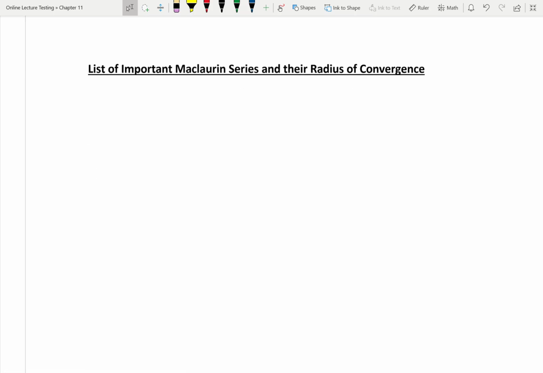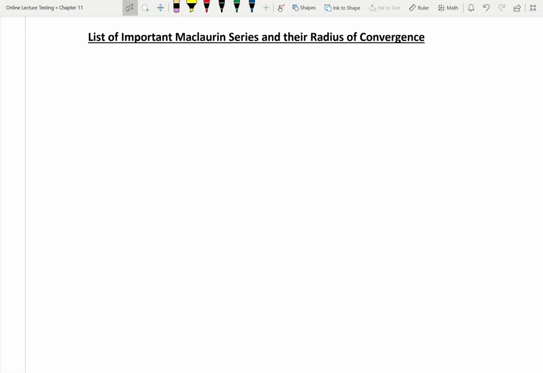So this leads us into our list of Maclaurin series and their radii of convergence. I'm going to bring in some stuff that we talked about in the previous section because now we can actually establish those as Maclaurin series. So our first one is 1 over 1 minus x. This was equal to the series as n goes from 0 to infinity of x to the n.